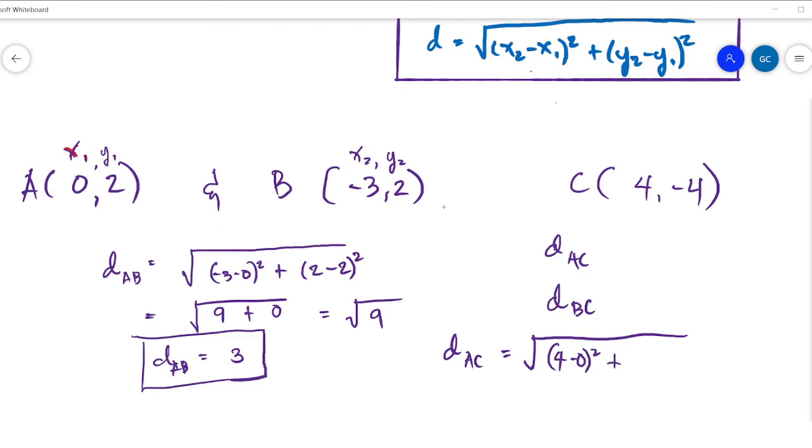Plus the square of negative 4 minus 2, that will be negative 4 minus 2 squared. So we'll be left with 16, because 4 squared is 16, plus this will be negative 6. Negative 6 squared will be 36. So we'll be left with the square root of 52.